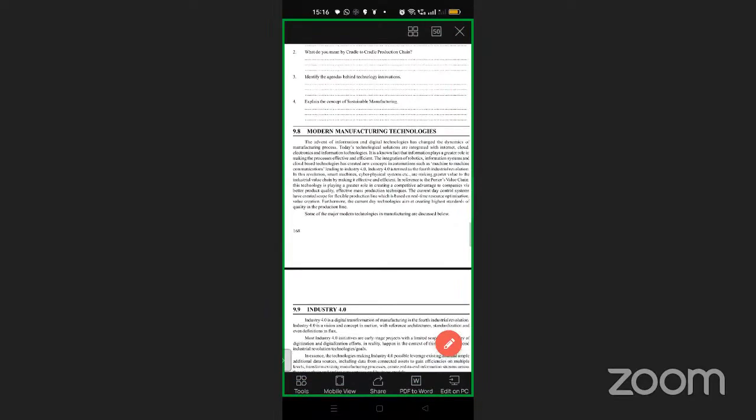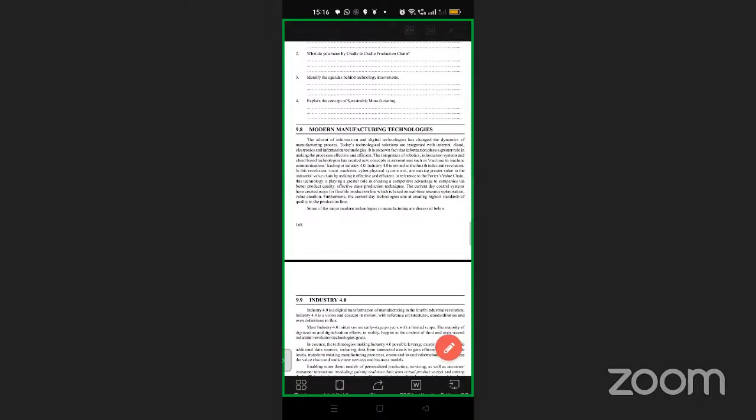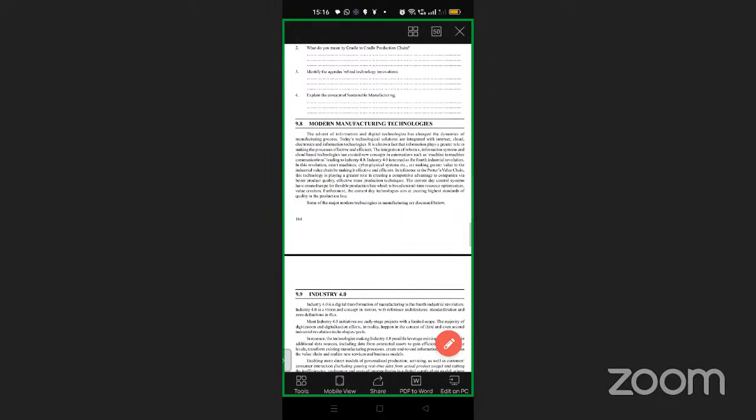Next, modern manufacturing technologies. The advent of information and digital technologies has changed the dynamics of the manufacturing process. And today's technological solutions are integrated with the internet, cloud electronics, and information technologies. It is a known fact that information plays a greater role in making the process effective and efficient.